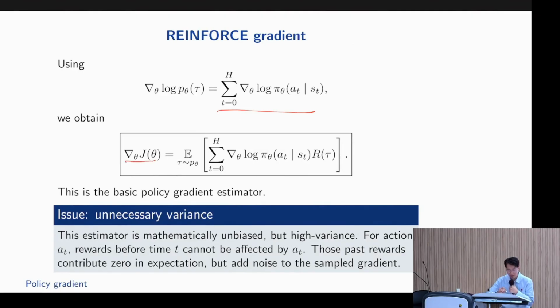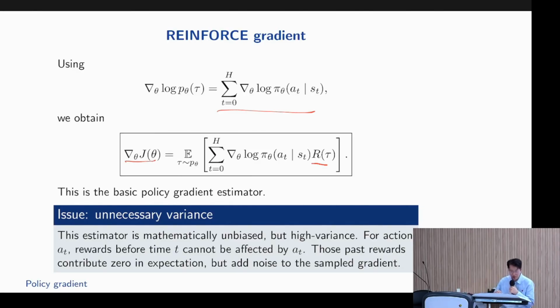The gradient of our objective is the expectation over the trajectory of the sum over all the time steps of gradient log action probability, weighted by the trajectory return.